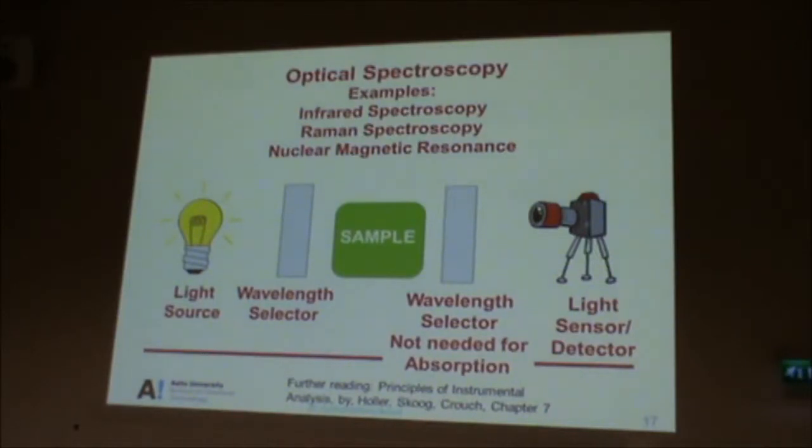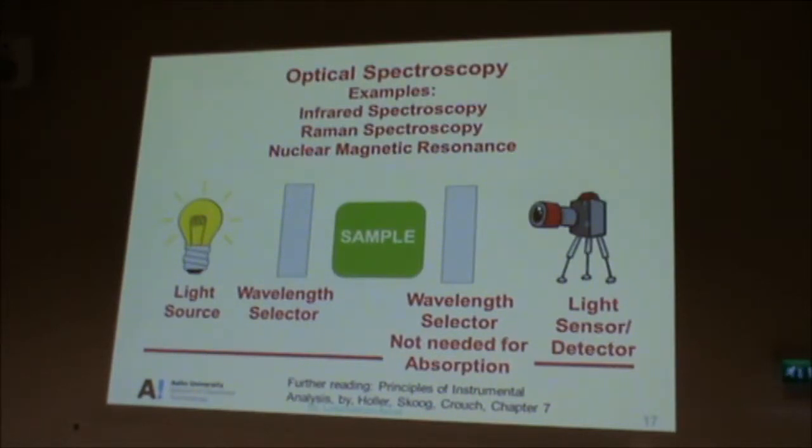Now we'll go one step back. I have given you 3 examples with the working principles of infrared spectroscopy, Raman, and nuclear magnetic resonance. As you see, the overall picture of the instrumental parts involved in all these methods is as follows.